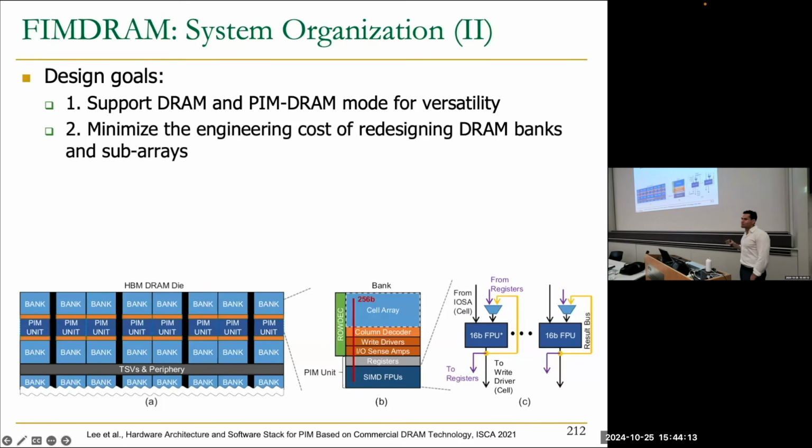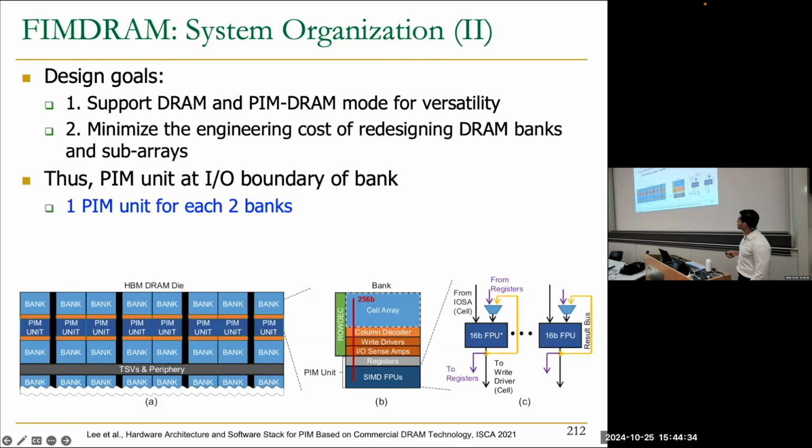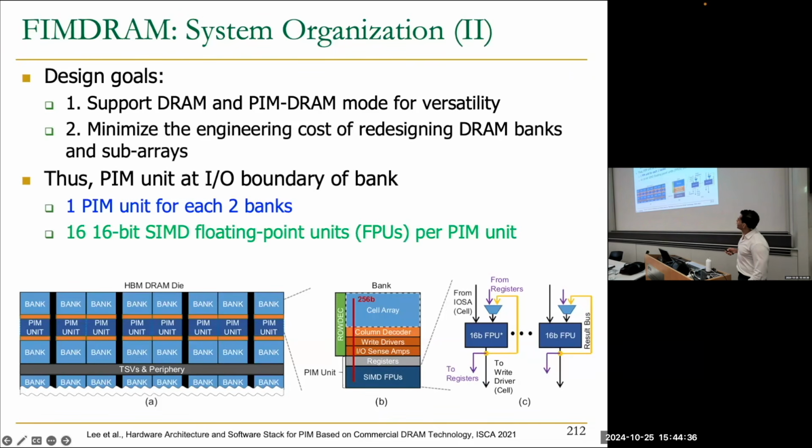Nowadays they are more open, but they don't like to change many things. But the peripherals are okay to change because regardless, there are some decoders and some logic over there. So they are going to restrict themselves to adding computation to the peripheral of a DRAM bank.